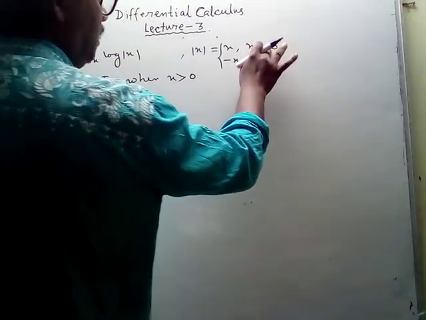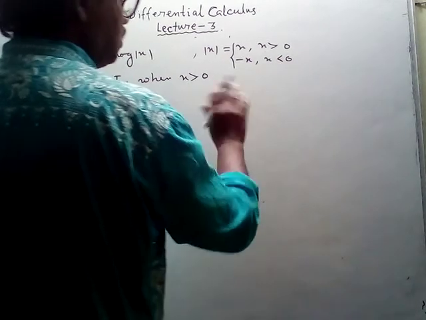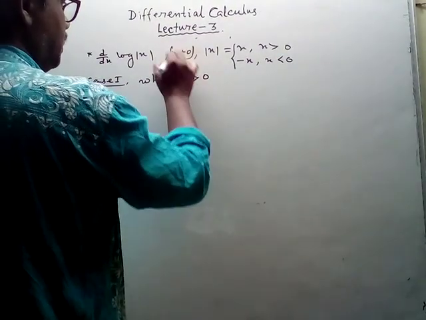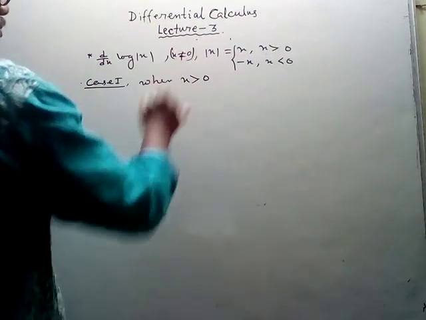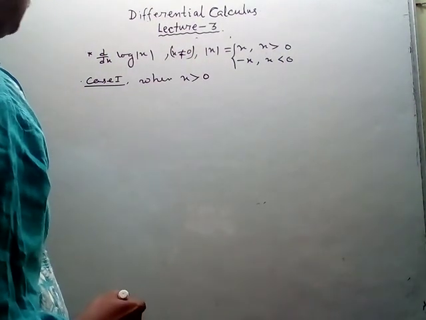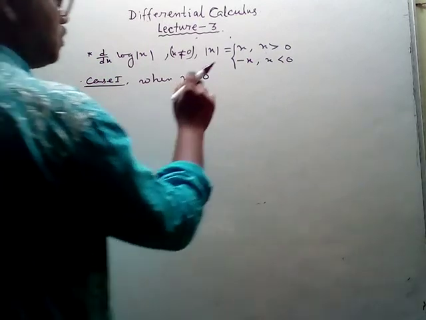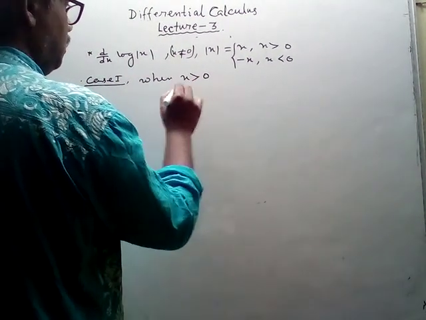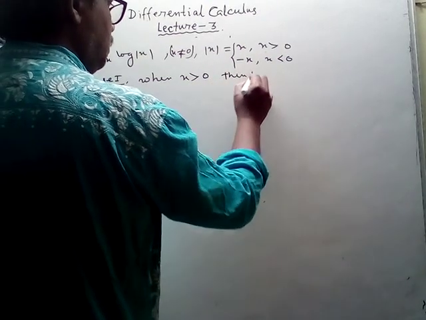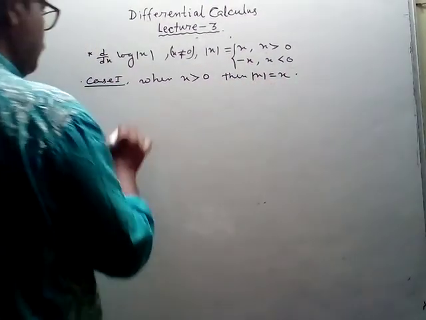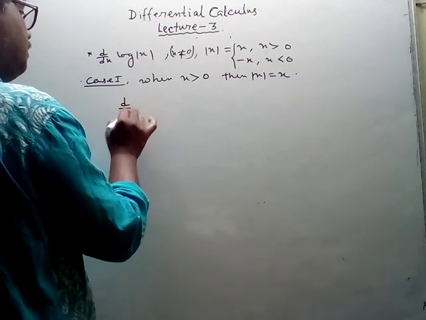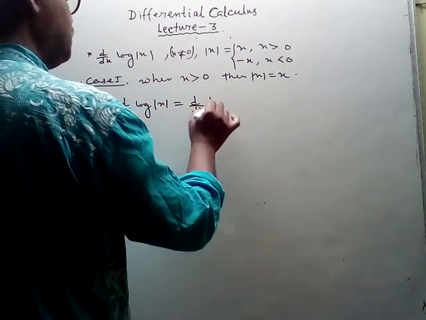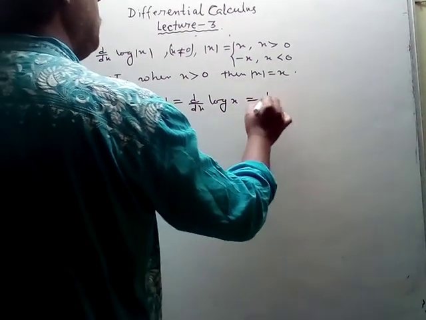So we take x greater than 0. So when x is greater than 0, mod x means x, then d/dx of log mod x equals d/dx of log x, which equals 1 by x.